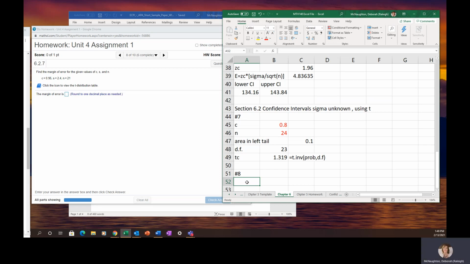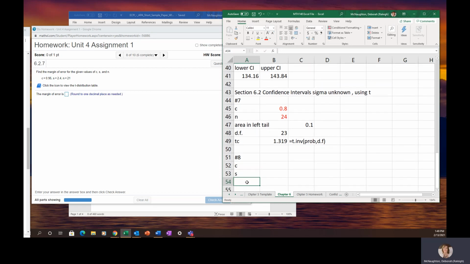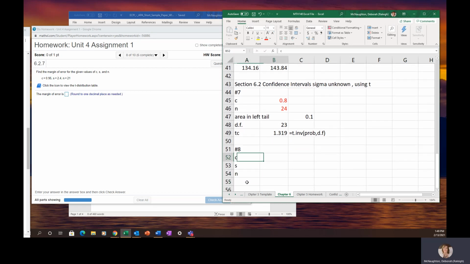So we have our C, S, N. So C is 0.95. S is 2.4. N is 21. Okay, and then I need these two things. So I'm just going to copy this, but I'm going to have to update my formulas.